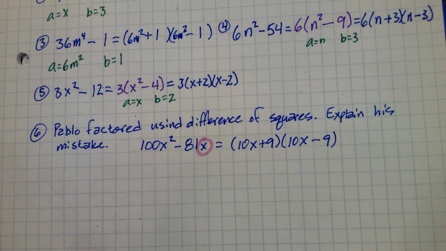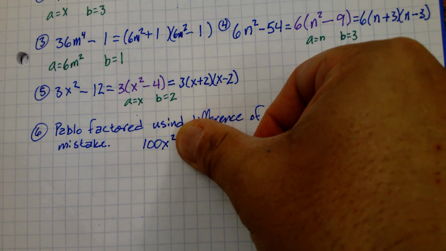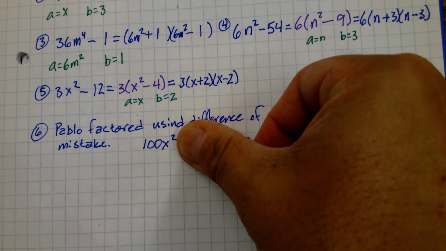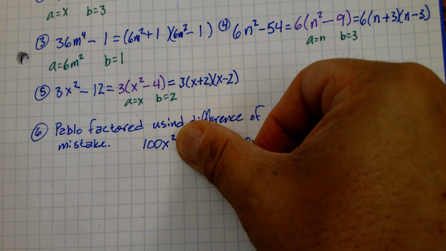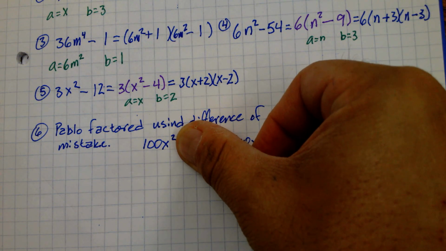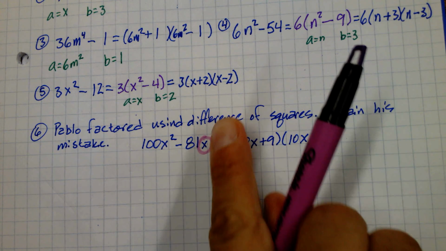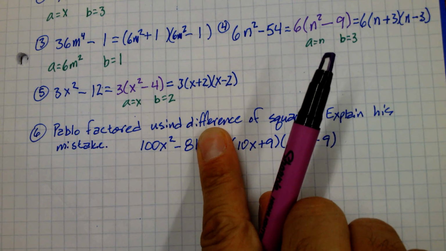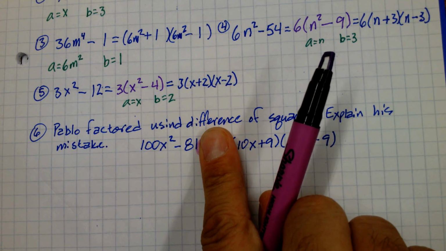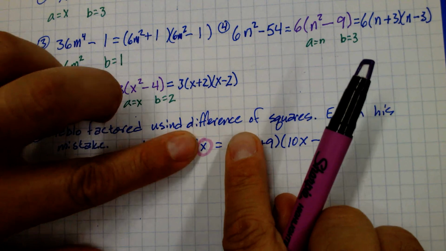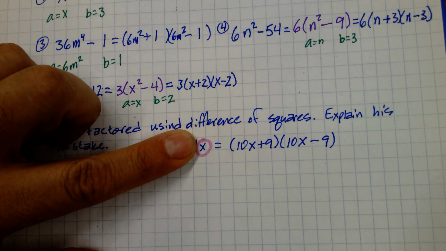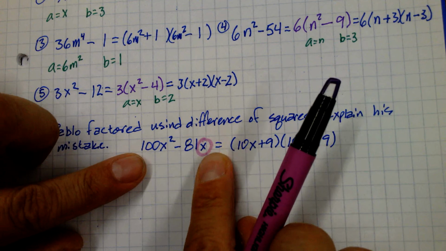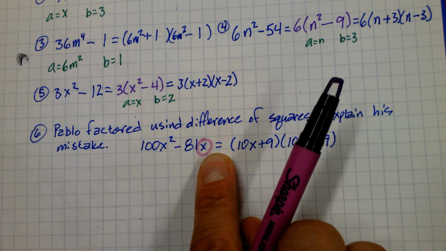Yeah, the problem is, well, let's take a look at this. 100x squared. Is that a perfect square? Yeah, both of them are. 100 is a perfect square. x squared is a perfect square. 81, is that a perfect square? 81 by itself is a perfect square. How about x? Is that a perfect square? No, it's not. Both terms have to have perfect squares.